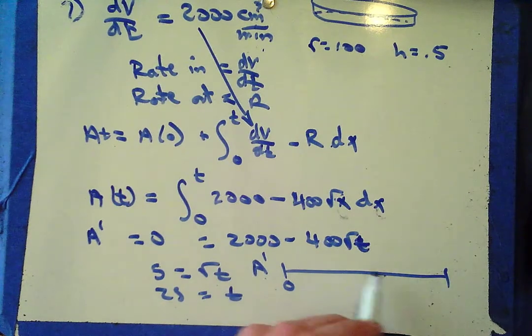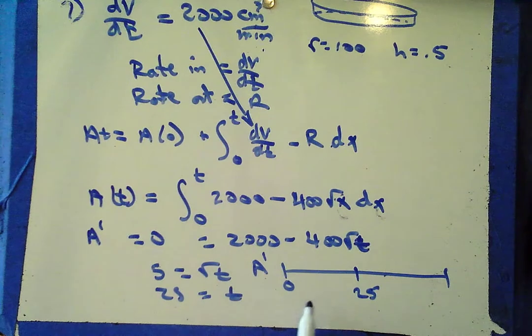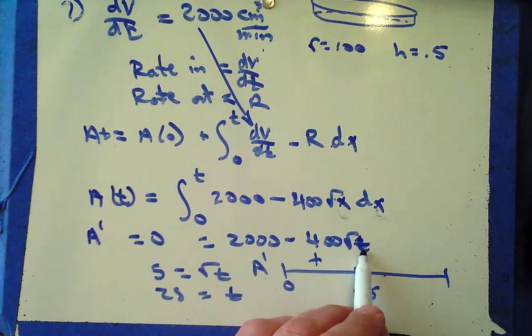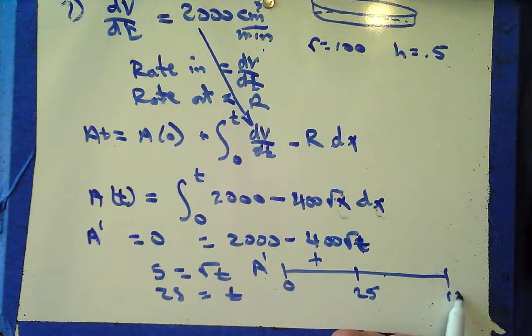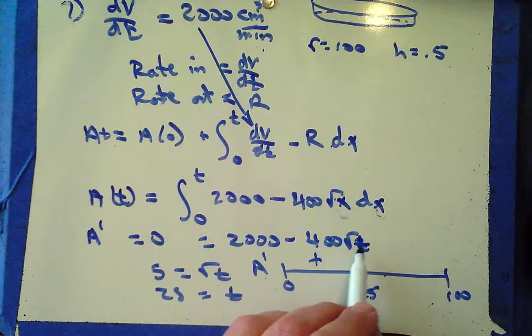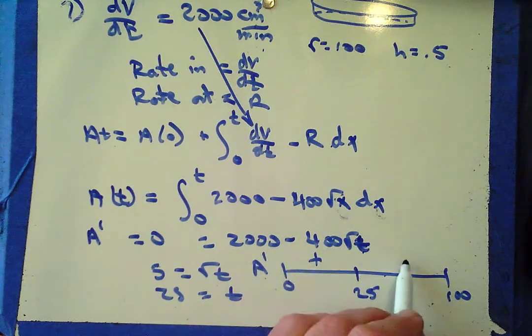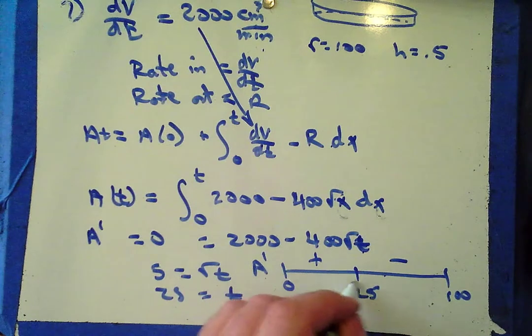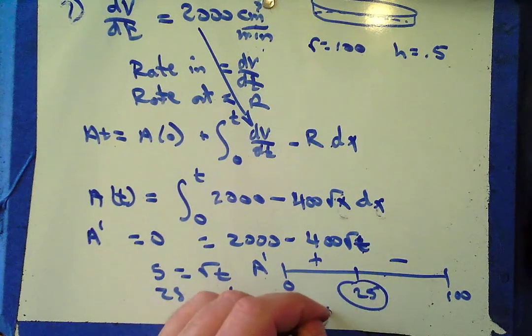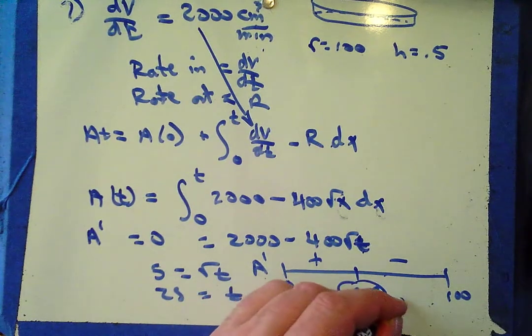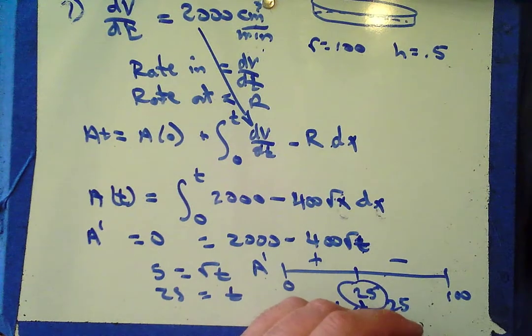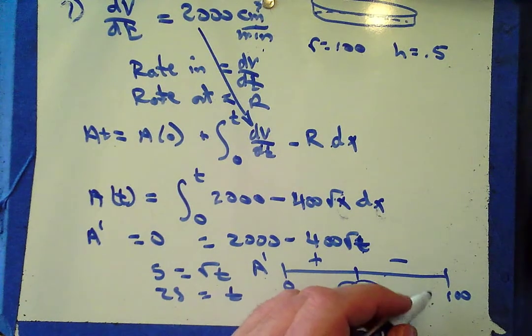So I'm going to put my 25 down there. If I plug in a 1 here, I get a positive. And if I plug in something that I can easily take the square root of, like 100, as a test value over here, I'll get 10 times 400 is 4,000, so that's a minus. And so max at 25, and the units here are minutes.